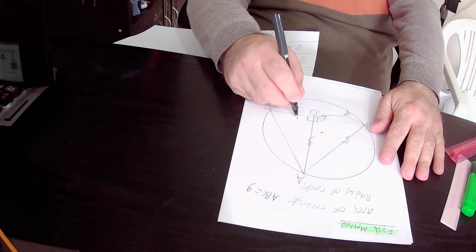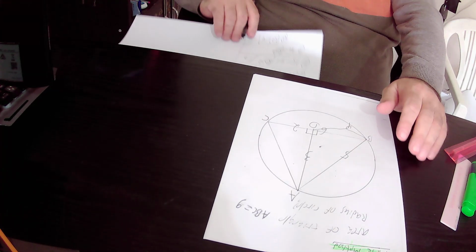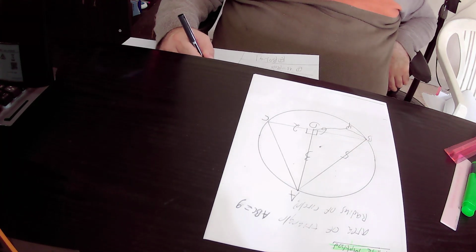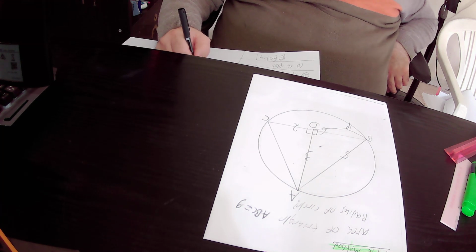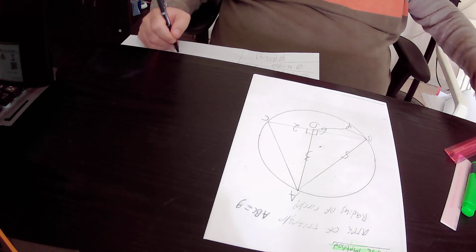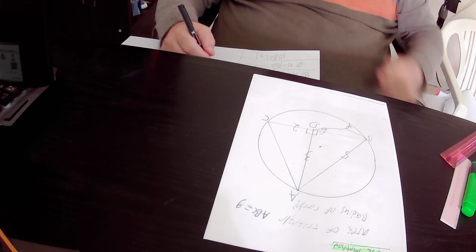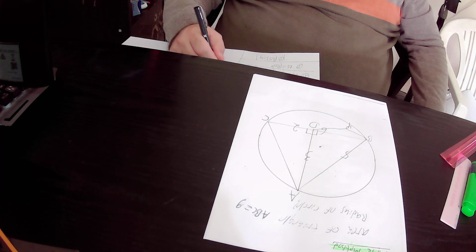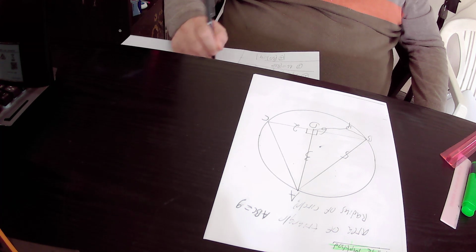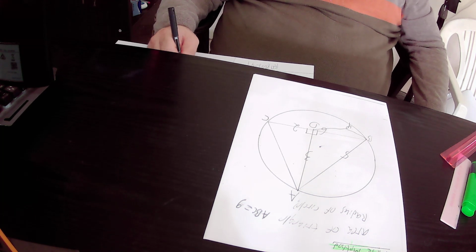In the next step, we will focus on the right triangle ADC. In the right triangle ADC, according to the Pythagoras theorem, the square of the hypotenuse equals the sum of the squares of the perpendiculars. The hypotenuse is AC, therefore AC squared is equal to DC squared plus AD squared.